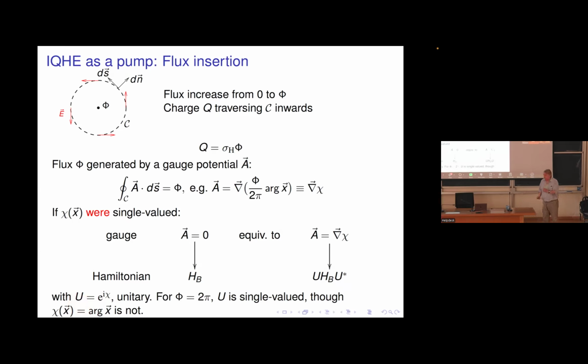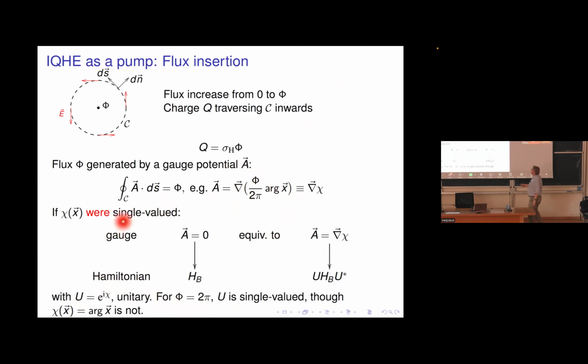With one exception though. If phi is equal to 2 pi, then this chi is not single valued. The thing increases by 2 pi. However, U becomes single valued because e to the i 2 pi is again 1.